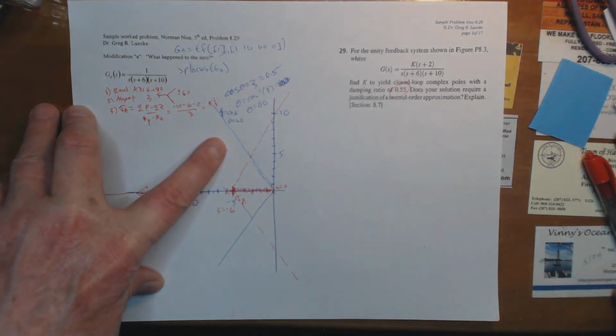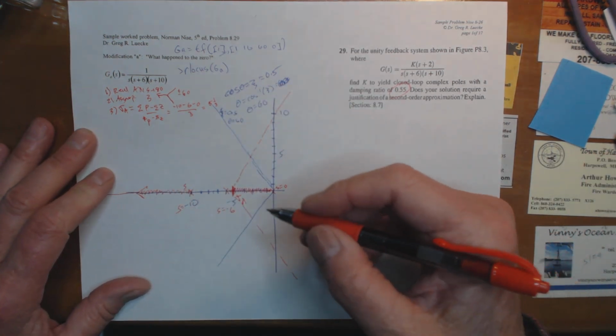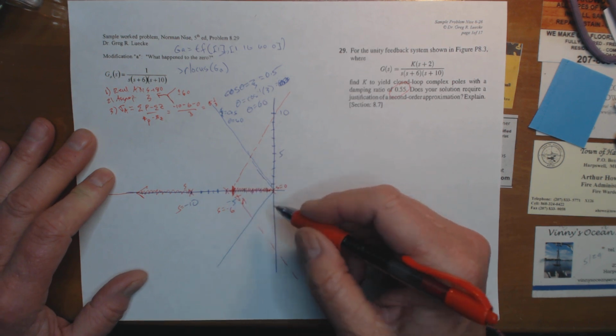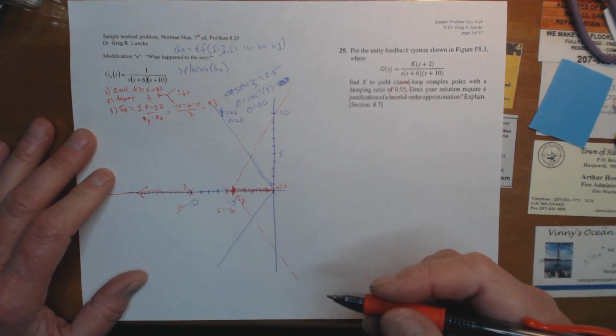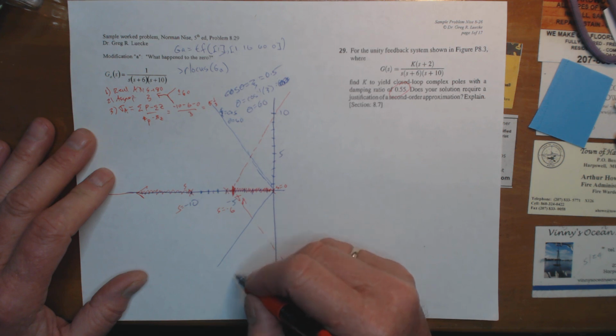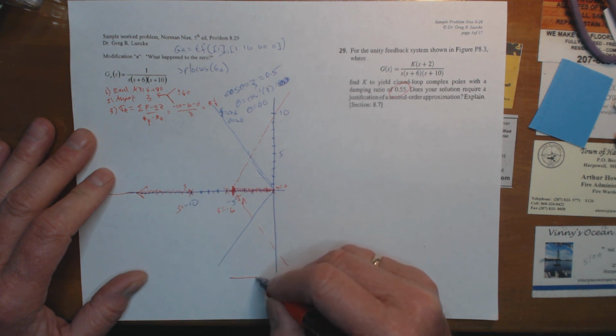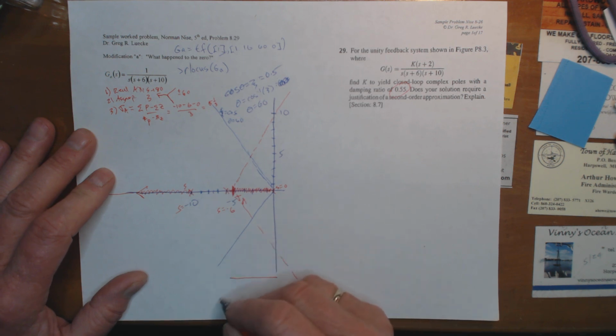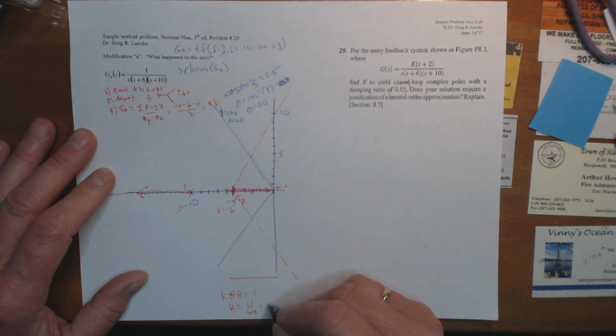Right, so here we go. Now I have to figure out where my breakaway points are. There are a bunch of ways of doing the breakaway points. Probably the best way is to say that KGH equals -1. That means K is equal to -1 over GH, which in this case is -1 times s plus 6 times s plus 10 times s. And all you do is plug in s.